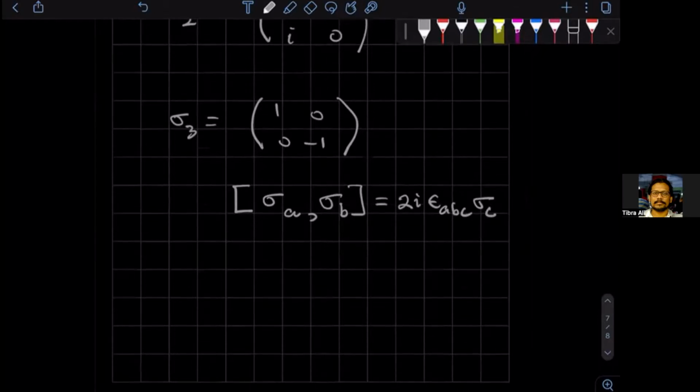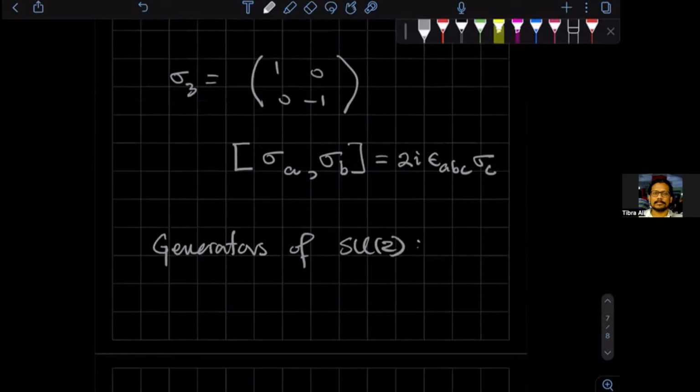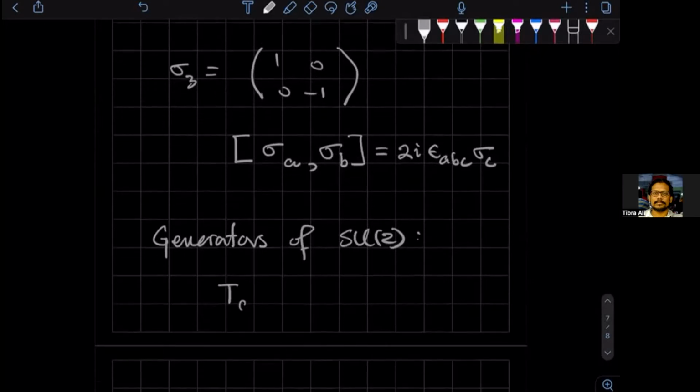Okay, so we define the generators of SU2. The generators of SU2 are defined to be half times the Pauli matrices, okay?